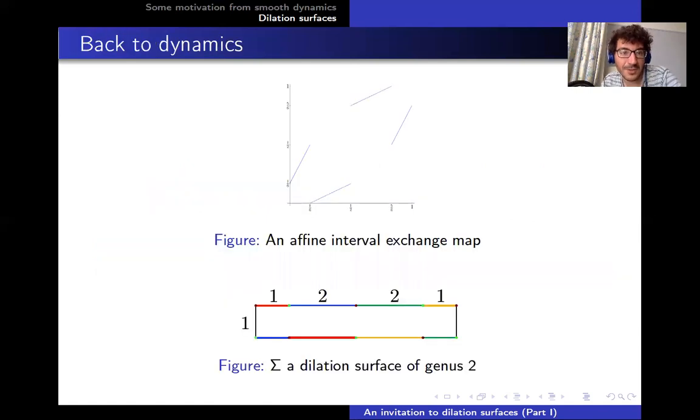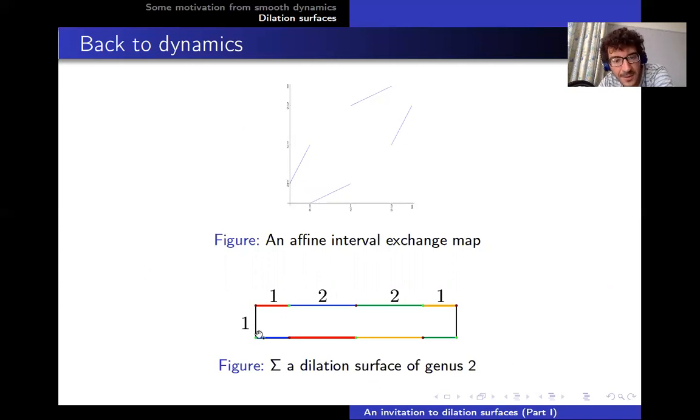Okay, so I just wanted to say a few words about the affine map that we'd seen earlier, and I said that there was some connection with geometry. So when you have affine maps like this, you can try and fit them into a dilation surface. And so I do here in this picture.